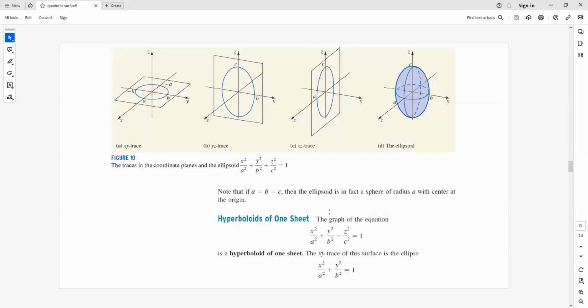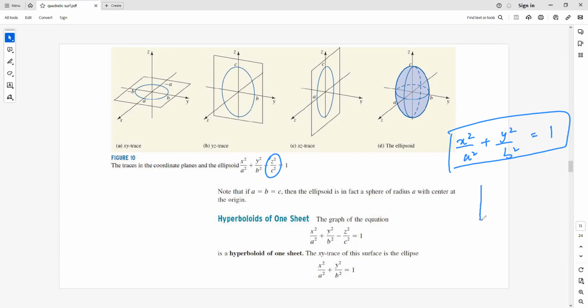Now, if we have this equation, one thing we can do here is exclude this z in this equation. I will be left with only x squared over a squared plus y squared over b squared equals 1. Now this is the equation of an ellipse in the xy plane. So if I am in a three-dimensional Cartesian coordinate system, I can draw it this way. So it's x, it's y, it's z.